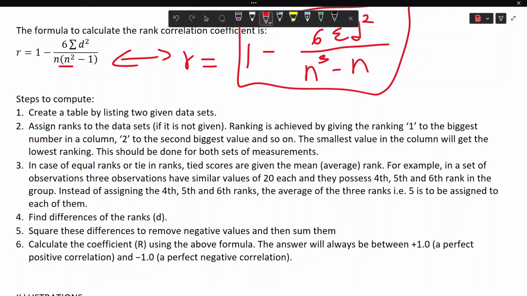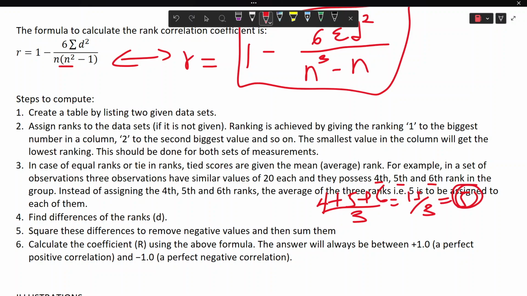Instead of assigning the 4th, 5th, and 6th ranks, the average of the 3 ranks, that's 5, is to be assigned to each of them. So we are going to do 4 plus 5 plus 6 divided by 3, so we get 15 divided by 3, which is 5. So instead of assigning each of them the 4th, the 5th, and the 6th value, we assign the average, which is the mean, to each of the values.